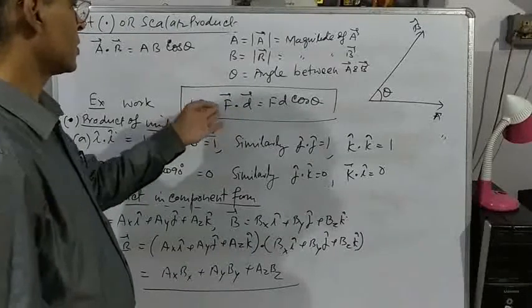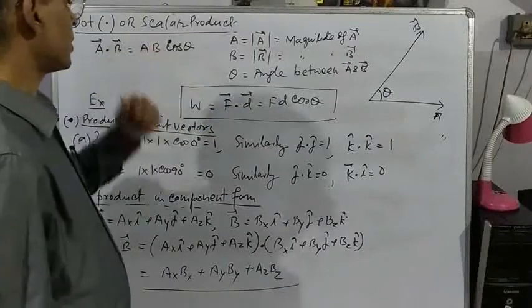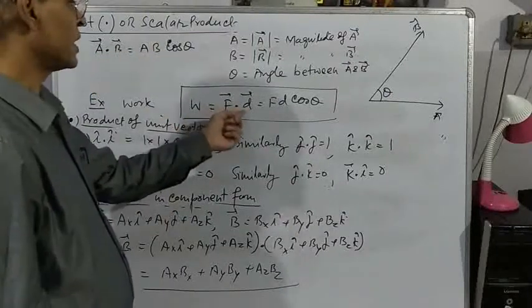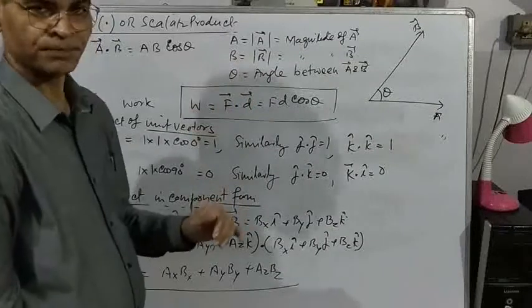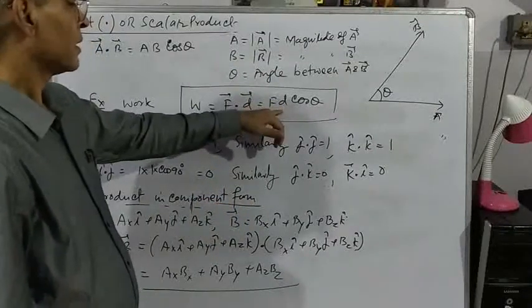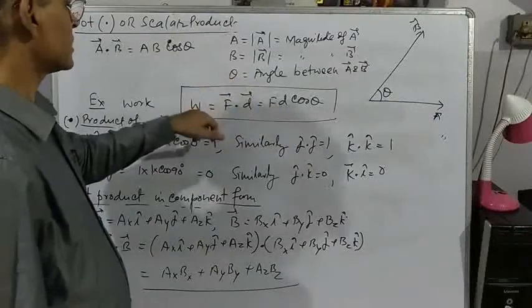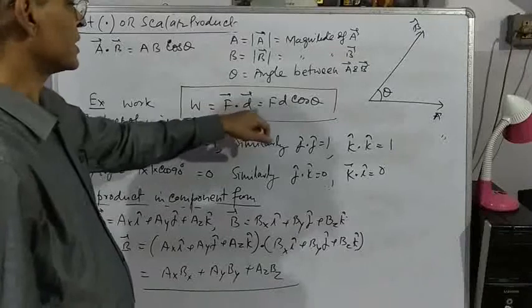So W is equal to F dot D. As A dot B is equal to AB cos theta, so F dot D is equal to FD cos theta. You are already familiar with this formula, but this is new for you. Work is the dot product of force and displacement.